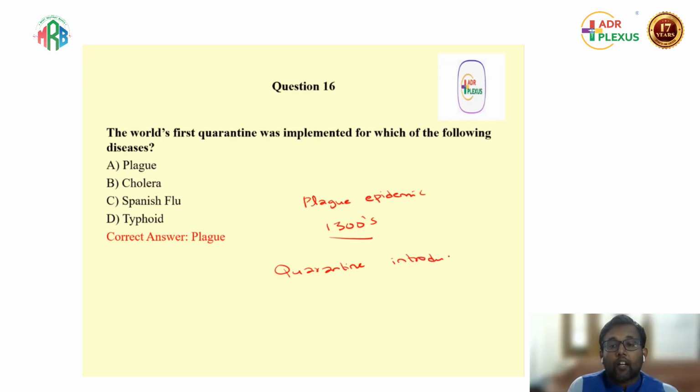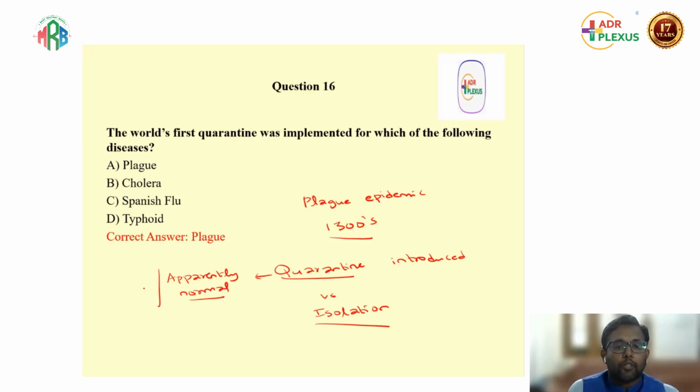So what is quarantine? What is isolation? We discussed this in the workbook. In quarantine, we are separating the people who are apparently normal. They are looking normal, but the problem is that they are exposed to the agent.